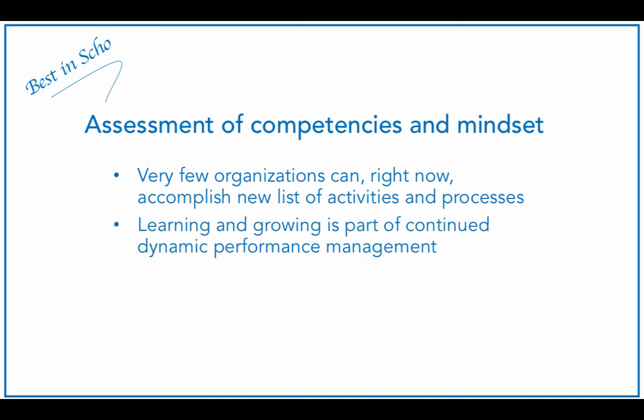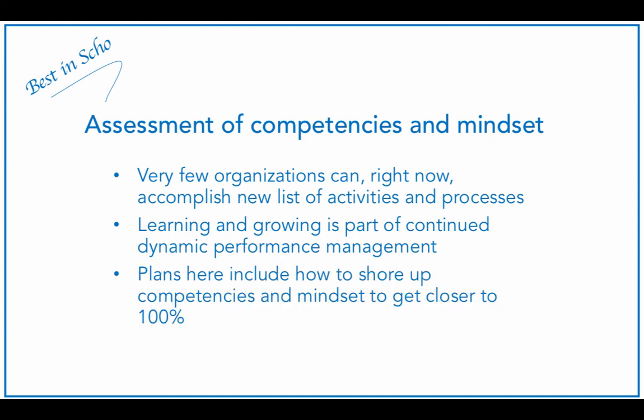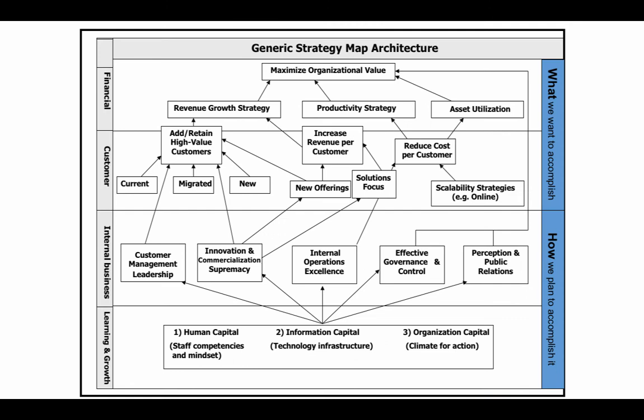Learning and growing is part of continued dynamic performance management. Plans here include how to shore up competencies and mindset to get closer to 100%. 100% is never going to be possible due to resource limitations, but the closer we can get, the better it is for performance. These 6 steps have helped us build this, a completed strategy map.